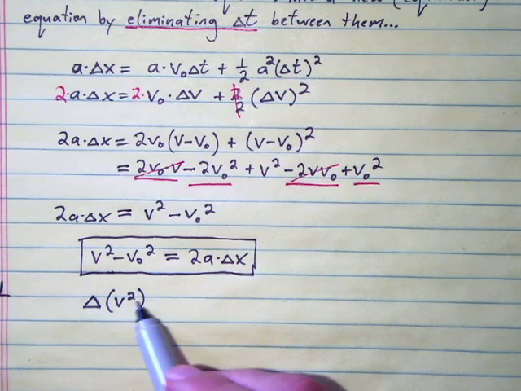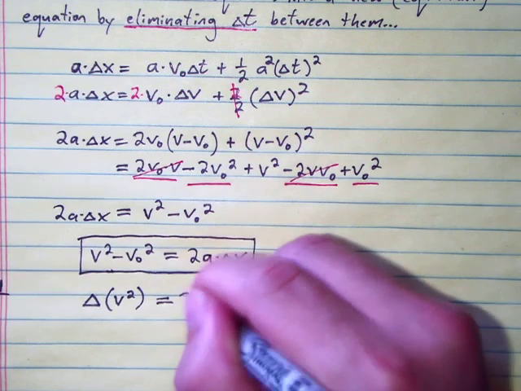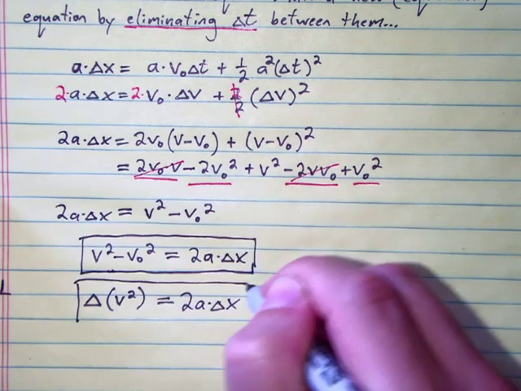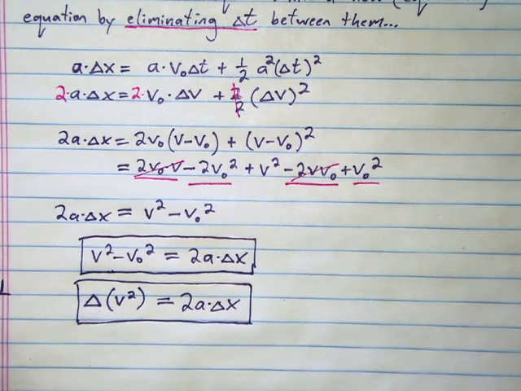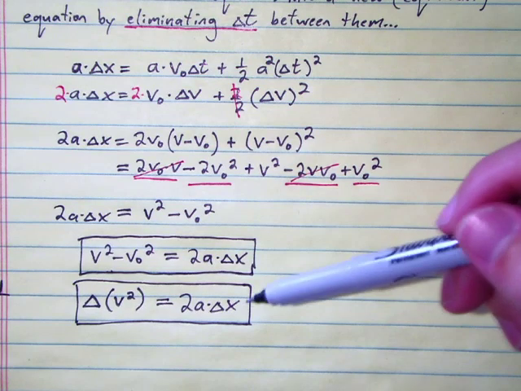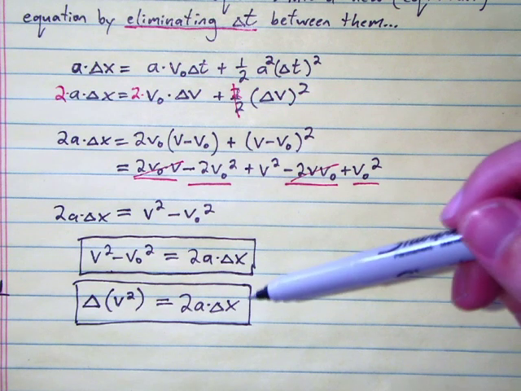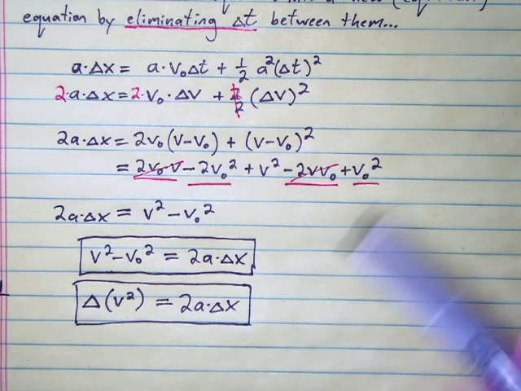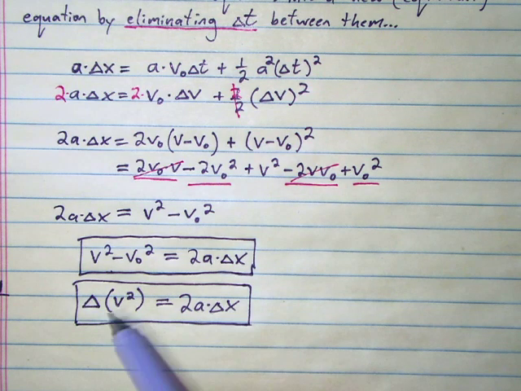So change in the v squareds equals 2 times a times delta x. Our third equation. Notice that the time has disappeared from here. I eliminated time. So now we can solve situations that only involve displacement, acceleration, and the velocities. Even if we know nothing about time, we can go to this equation.